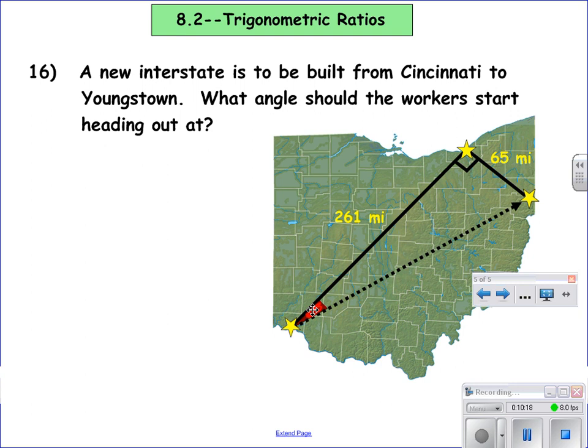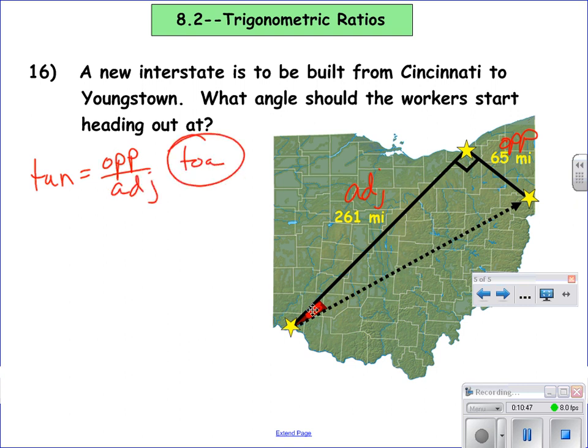All right, so in this right triangle, I basically have the opposite and the adjacent. Excuse me, sorry. Adjacent. So that means I must be using the tangent ratio, right? TOA.